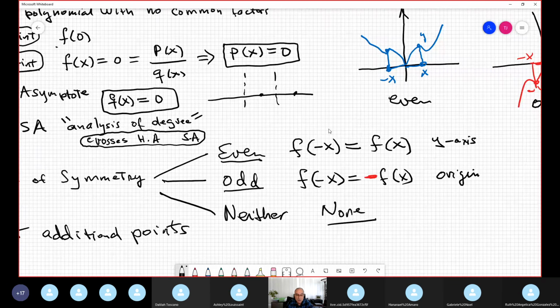we have, for example, vertical asymptote number 1, vertical asymptote number 2, and we found 2 x-intercepts. So the minimum amount of additional points you plot is 1 here, 1 here, 1 here, 1 here, and 1 here. It's a minimum.